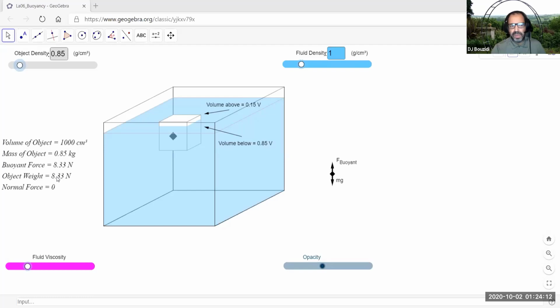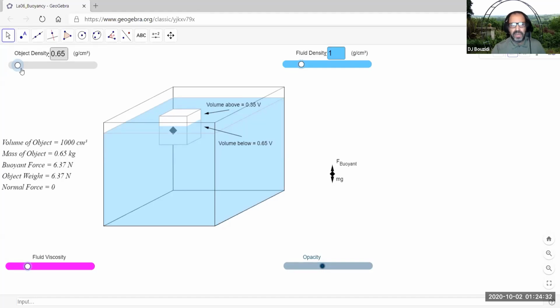And it's the same thing as its own weight. Because it has to be, otherwise it's going to sink if the object weight is more. So no matter how much I change in here, the buoyant force is always going to be equal to that of the weight, when it settles down, of course.